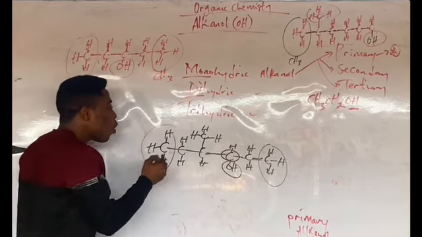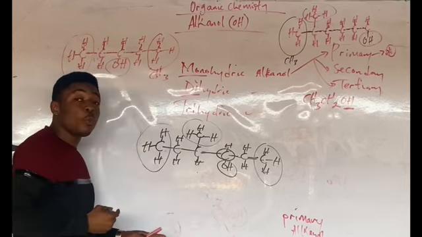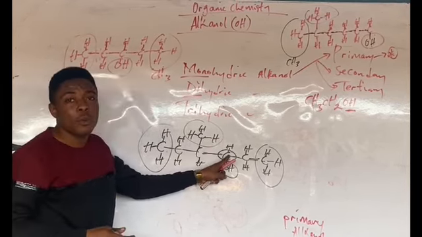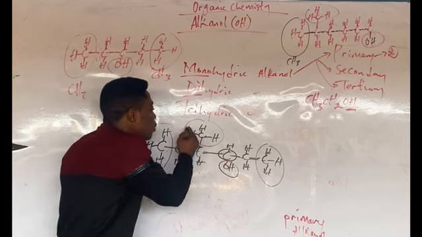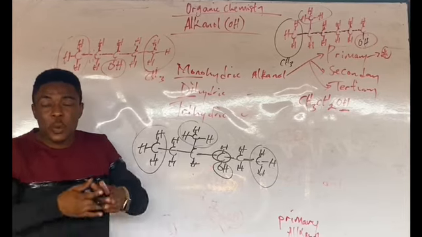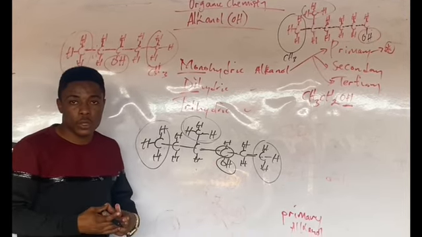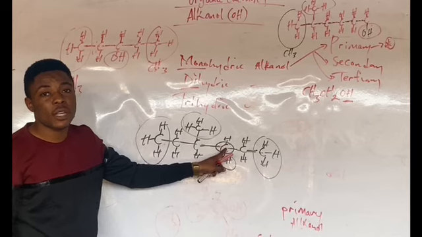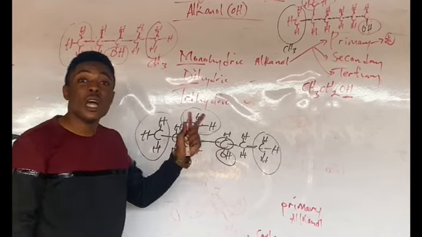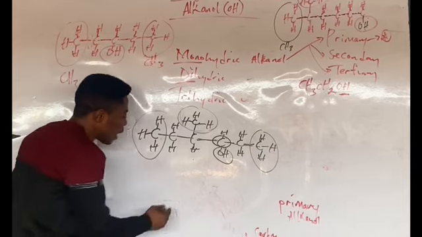Although there is another methyl group present, this methyl group doesn't have direct link with the alpha carbon. So this is considered useless in terms of determining whether it is primary or secondary, because it has no direct link with the alpha carbon. So class, this compound is what? A secondary alkanol.